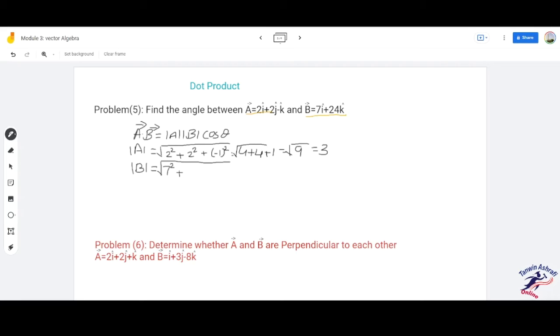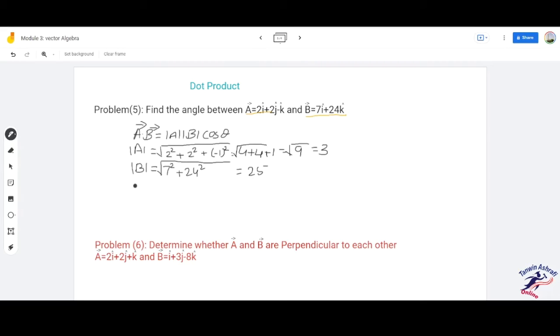Okay, 24 squared, which we have to add over here, and that leads us to a total of 25, so the magnitude of B is equal to 25. That is, 7 squared is 49 plus 24 squared, and the square root of this whole quantity results in 25.